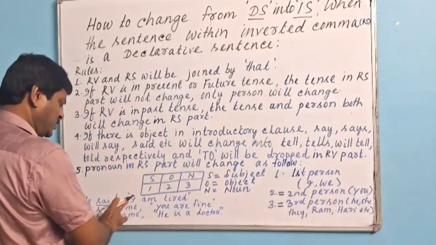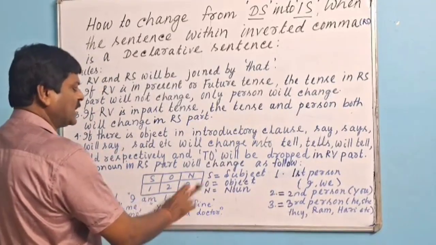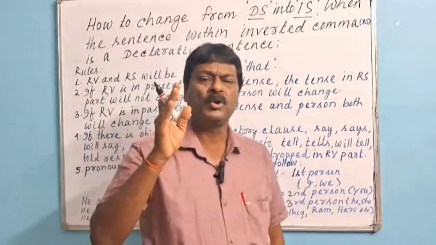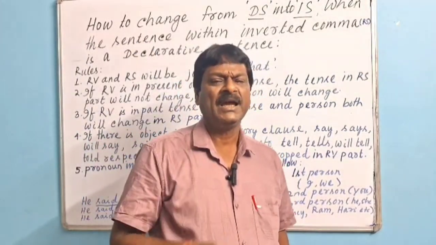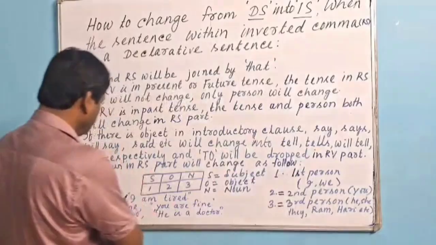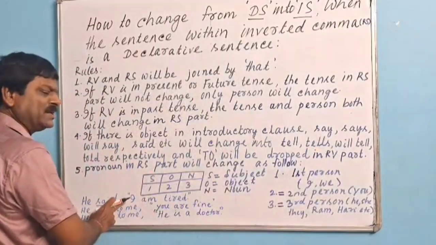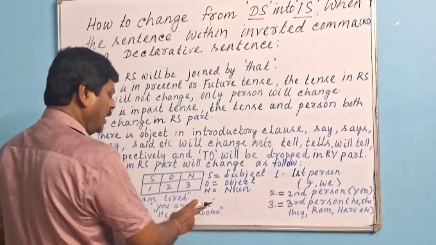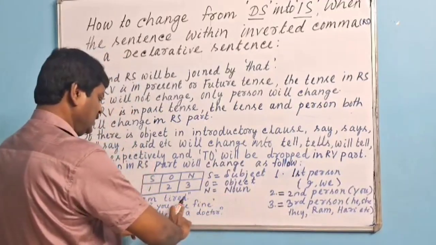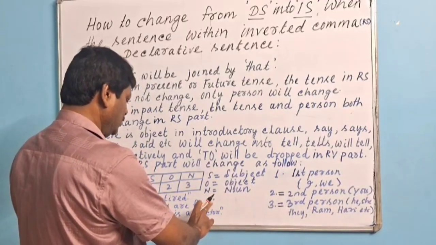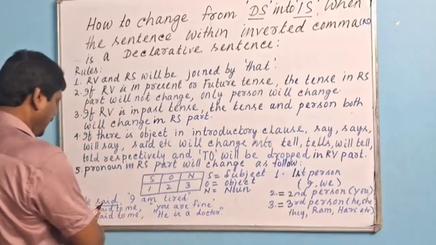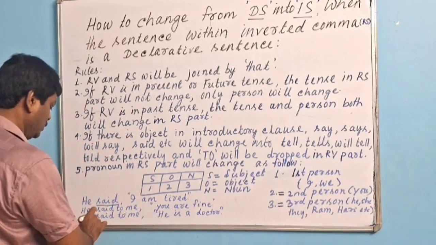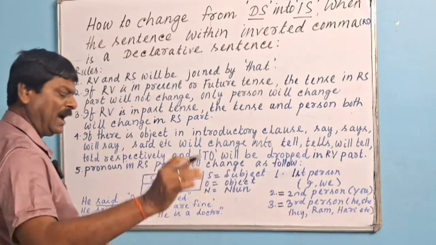He said that he was tired. So both tense and person will change. If object is not there, said will remain said. And he said to me, you are fine. This sentence is called RS, and this verb said here is called RV.